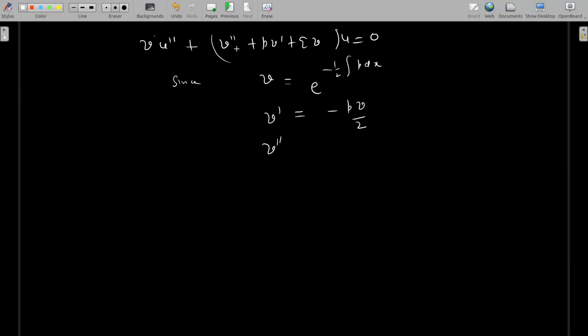Also write the second derivative, which is needed here: minus p dash by 2 v as it is, and then minus p by 2 v dash, and fit v dash as minus pv by 2. So this will be p square by 4, and v will come common from both.